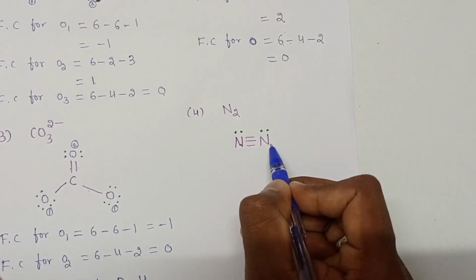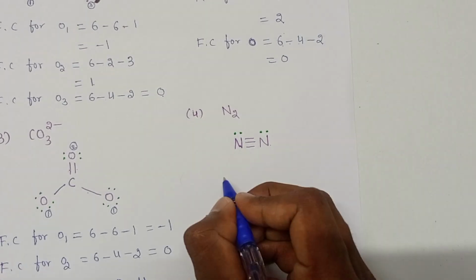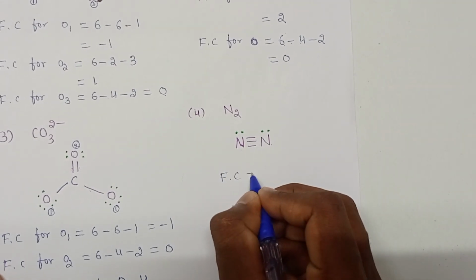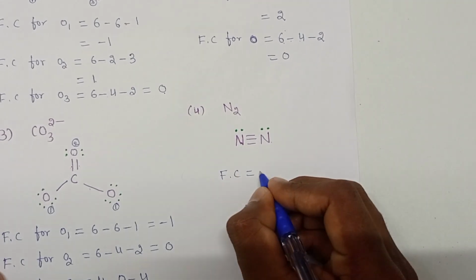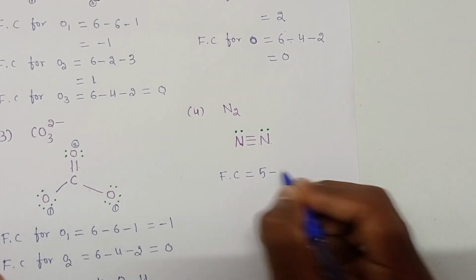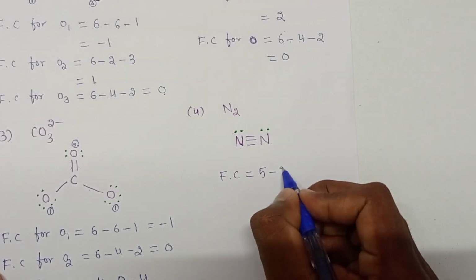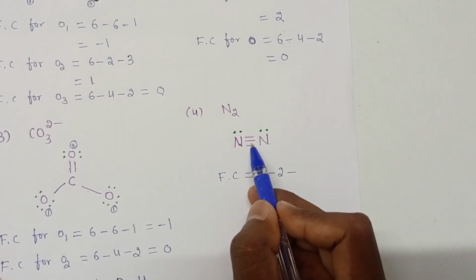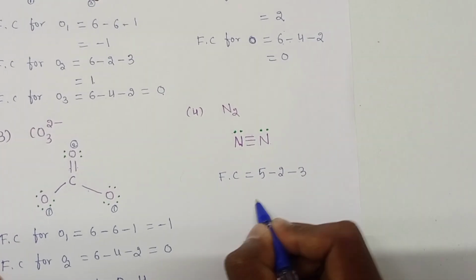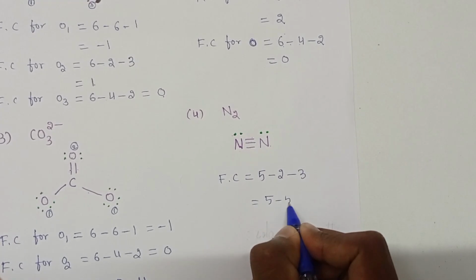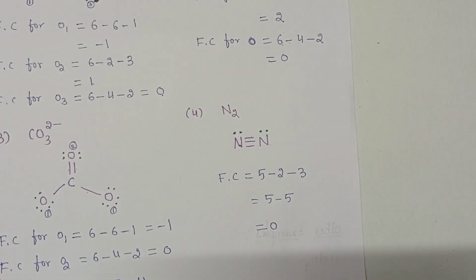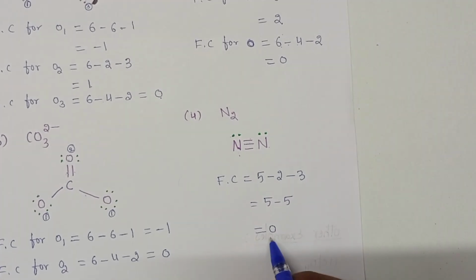This is the Lewis dot structure for the N2 molecule. The formal charge of nitrogen is the valence electrons of nitrogen, 5, minus number of lone pair electrons on one nitrogen, which is 2, minus number of bonds, how many? 1, 2, 3. Therefore 5 minus 5 is equal to 0. Therefore the formal charge of nitrogen is 0.